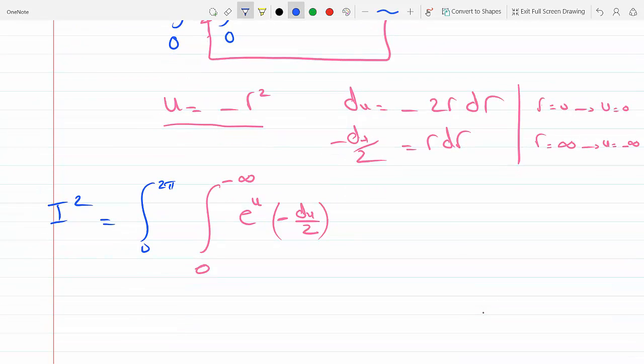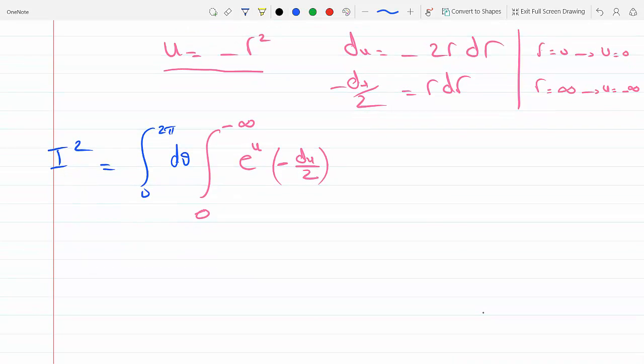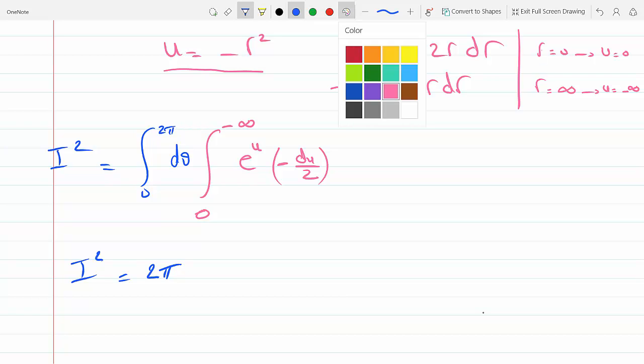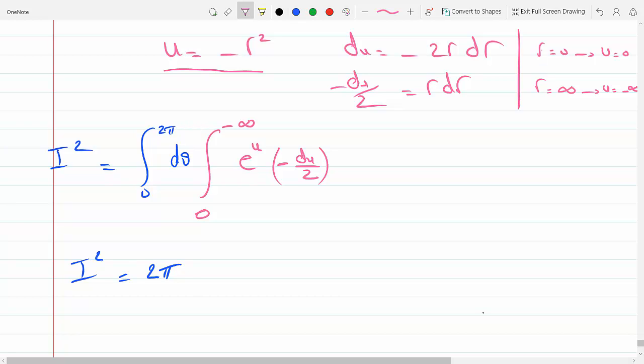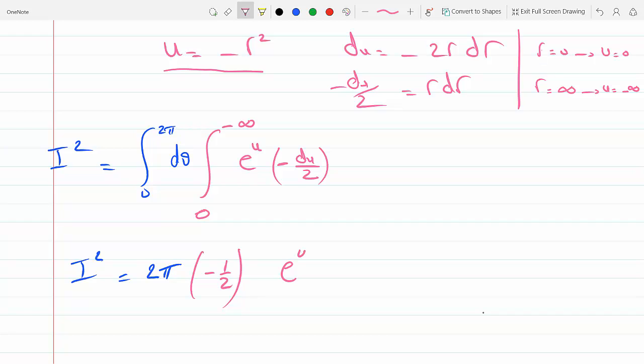And then there's a d theta, we could just take it inside its own integral. D theta integrates to theta from 0 to 2 pi, which will just get you 2 pi. And this guy here, we could just take the minus half out. Integral of e to the u is e to the u from 0 to minus infinity.